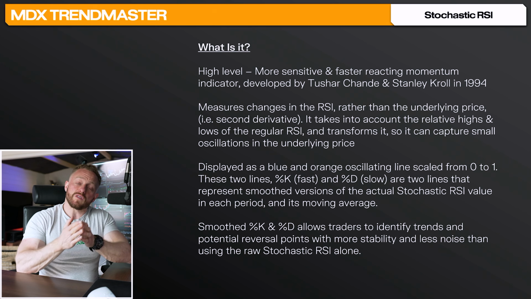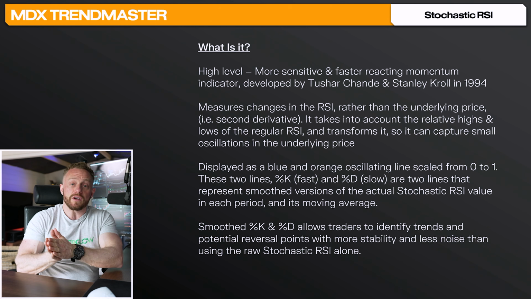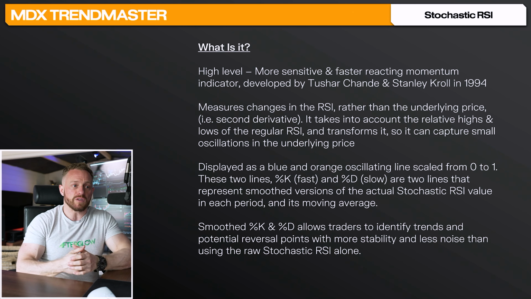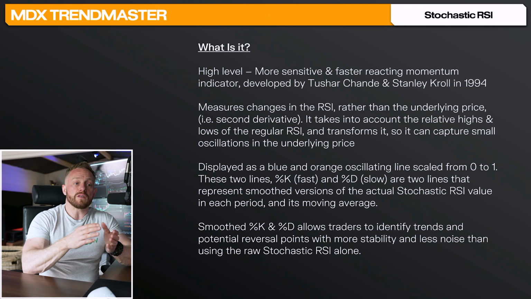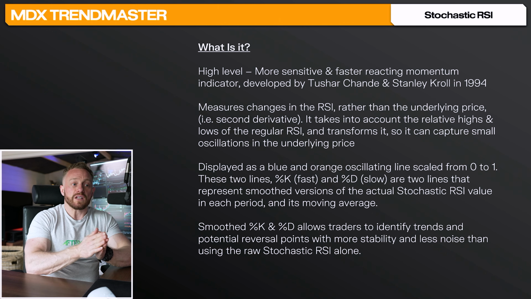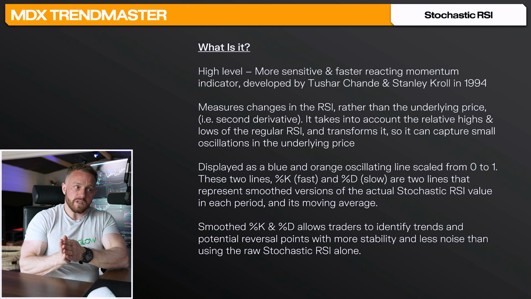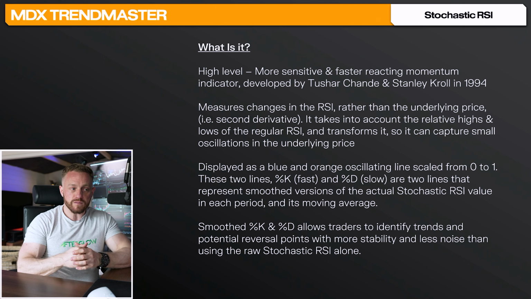And stochastic RSI measures changes in the RSI rather than the underlying price, i.e. it's a second derivative. So stochastic RSI takes into account the relative highs and lows of regular RSI, and it transforms it so it can capture smaller oscillations in the underlying price.